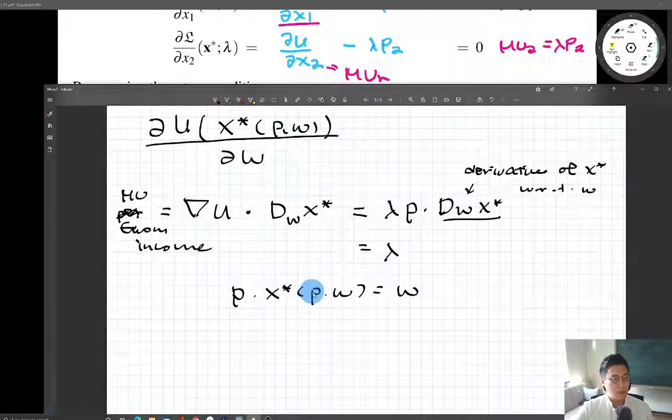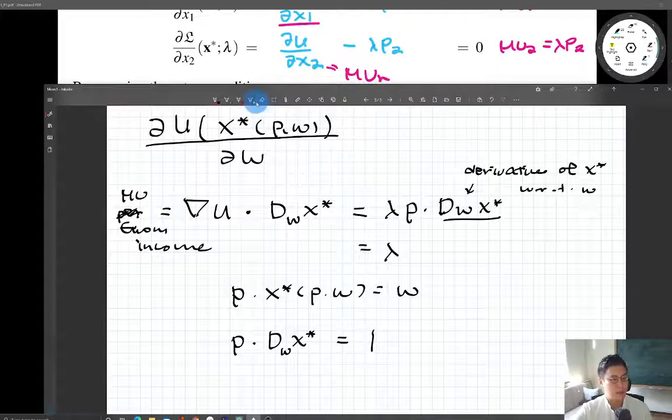So we take this identity and compute the partial derivative with respect to w, and the right side becomes 1. So that means this guy is equal to 1. So lambda stands for marginal utility from income.